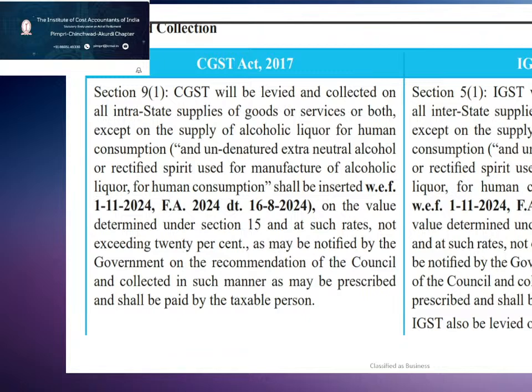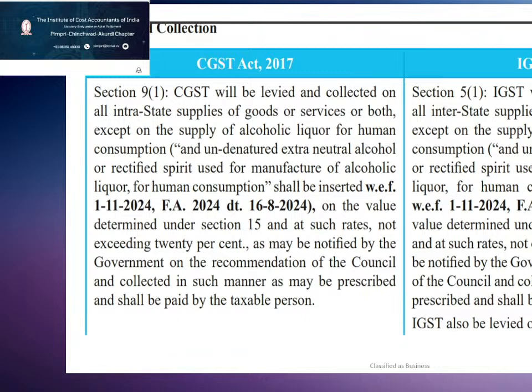Now we are into section 9 subsection 3. The government will decide who is liable to pay GST under reverse charge. So these are from 9.3. It is very important. We have to see it transaction-wise now. Section 9 subsection 3 is about who is liable to pay the GST.